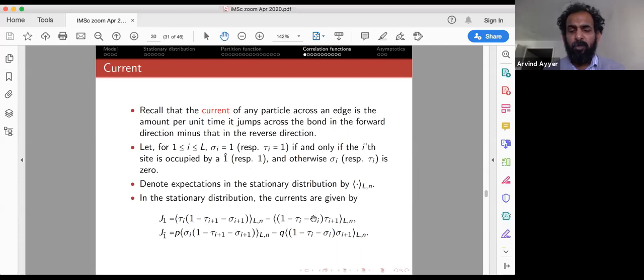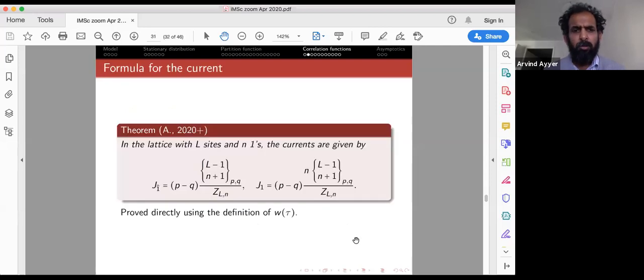Calculating these probabilities will give you the current. And as I said before, this is independent of i. Similarly, the current of 1 hats is P times the probability that there's a 1 hat at site i and a 0 at site i plus 1, minus Q times the other way around. So in the stationary distribution, the currents have this nice explicit formula.